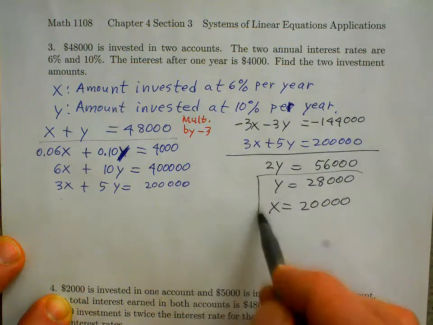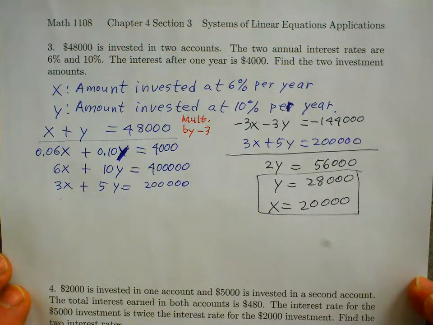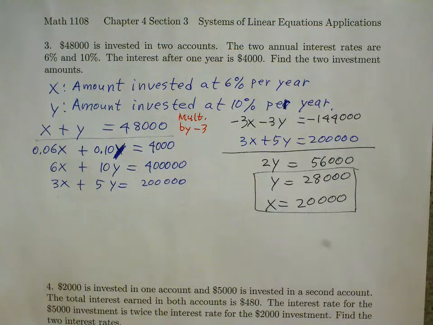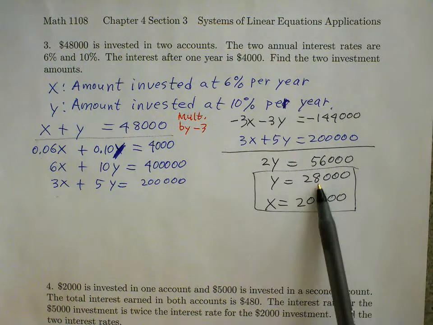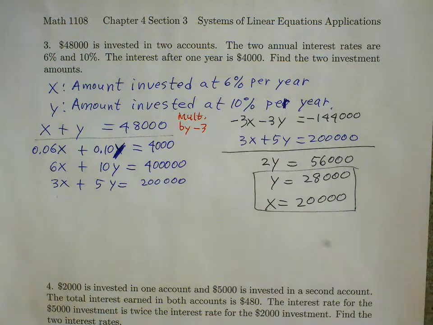So those are the two quantities that we're supposed to find. So I'll leave the rest of that for you to do, which is just to write that $20,000 was invested at 6% per year, and $28,000 was invested at 10% per year.